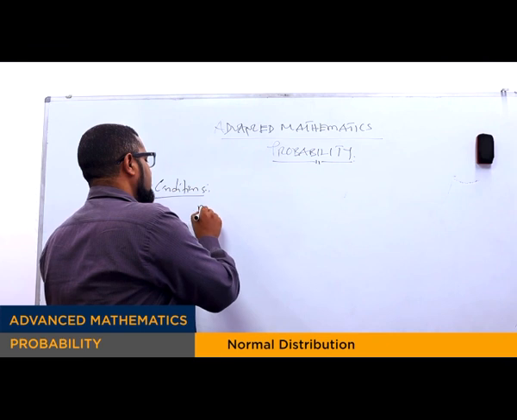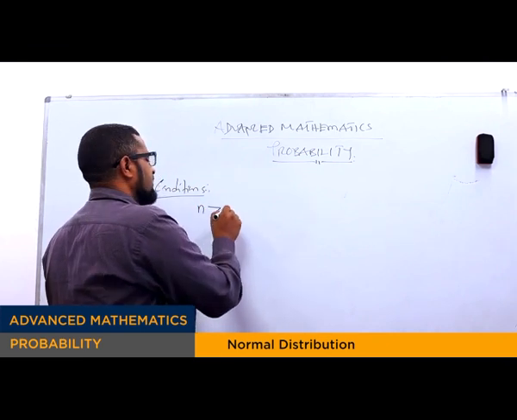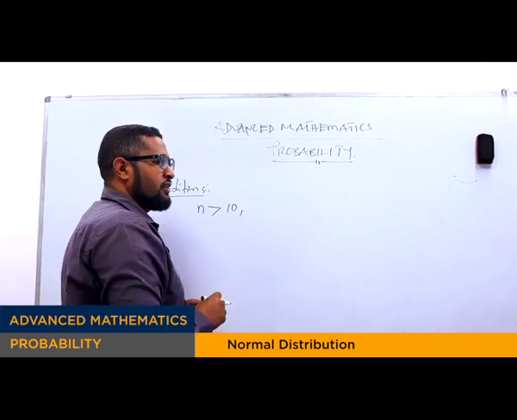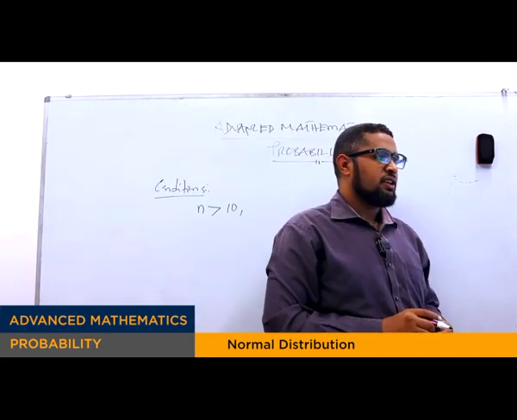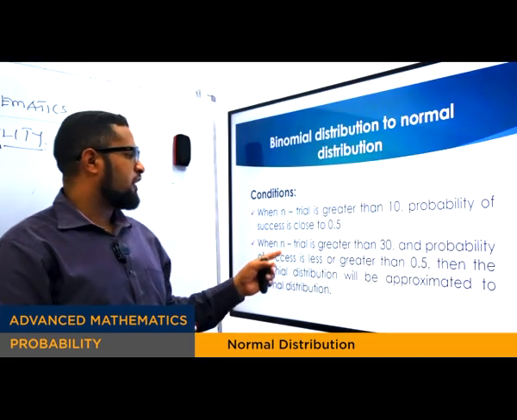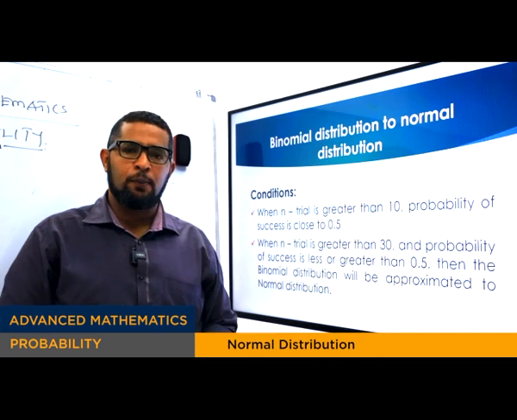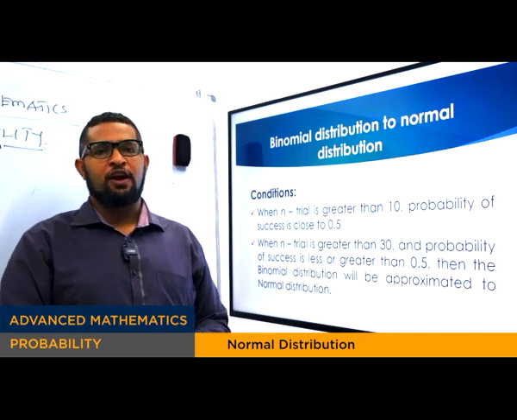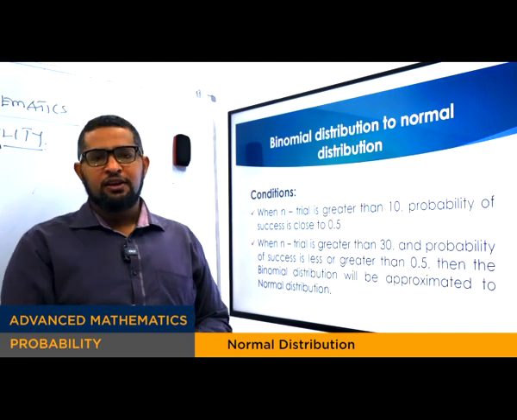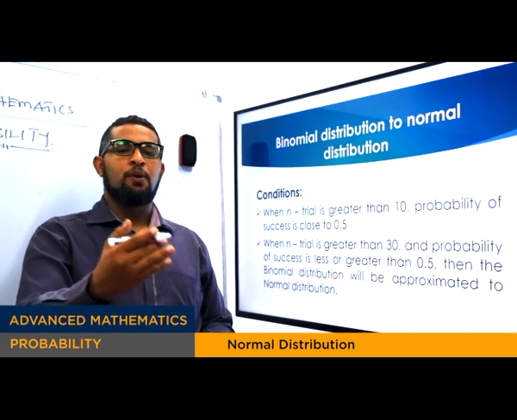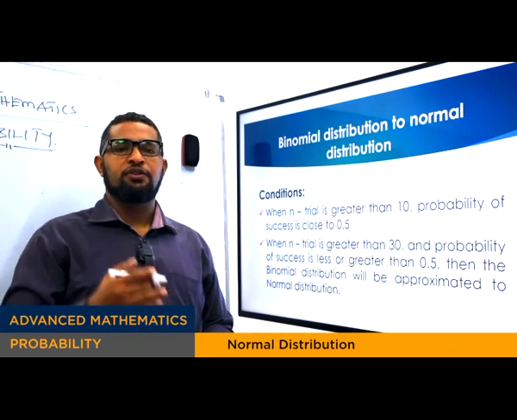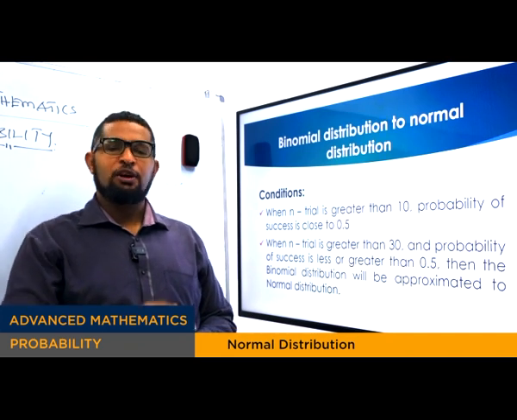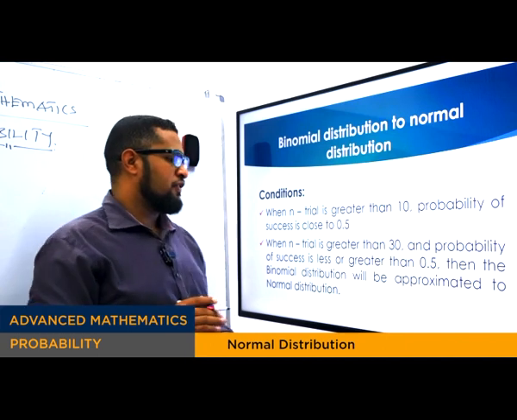So when n is greater than 10, but not only that, the probability of success is close to 0.5. When I say close to 0.5, it doesn't mean it's 0.5. It means less than 0.5. It may be 0.1, 0.2, 0.3, 0.4, but not 0.5.